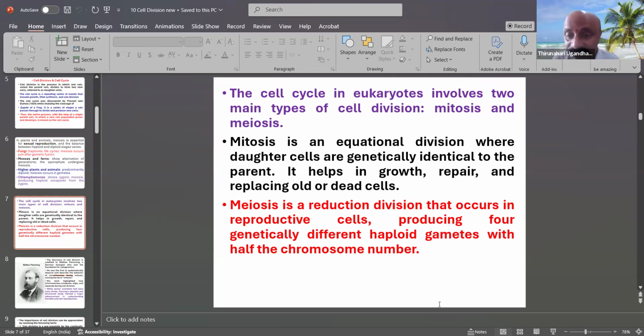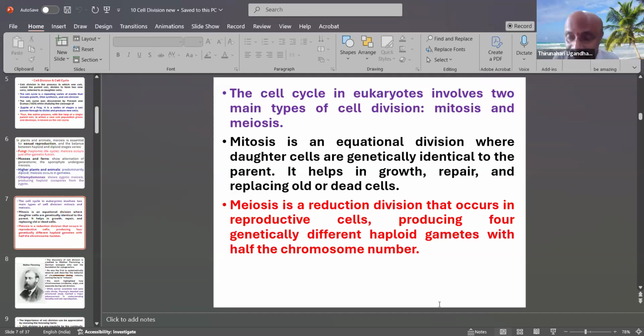Meiosis is a reduction division that occurs in reproductive cells, like in male microsporangium and female megasporangium. Also in the flower, the gynoecium.